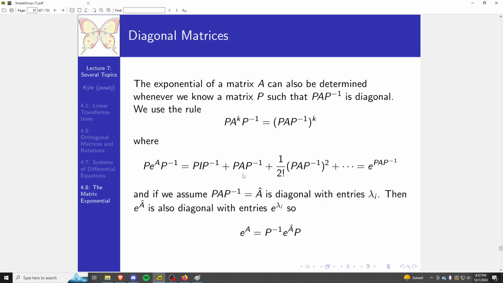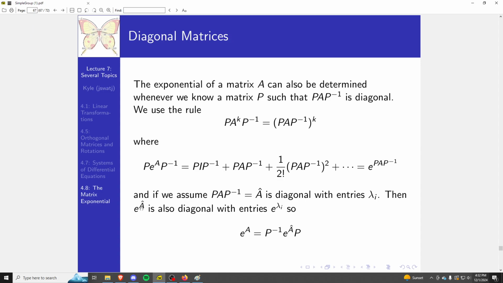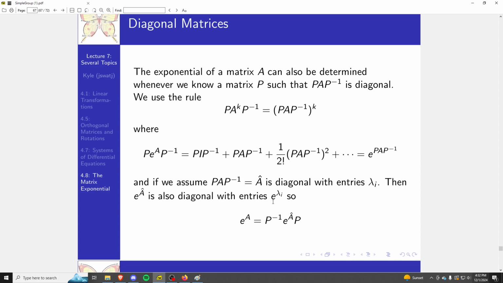They end up getting grouped together. And so if we assume that this PAP inverse is diagonal with the entries lambda i, then e to the A hat, which is this, is also diagonal with entries e to the lambda i.